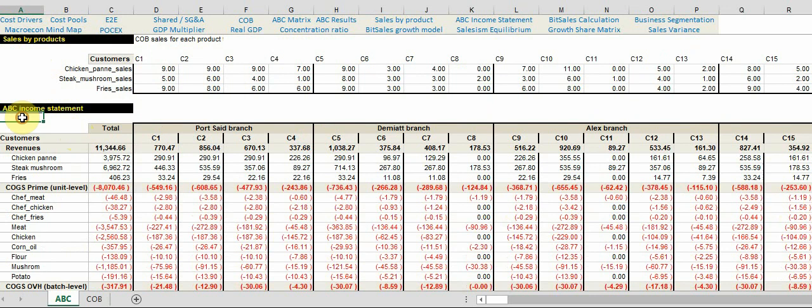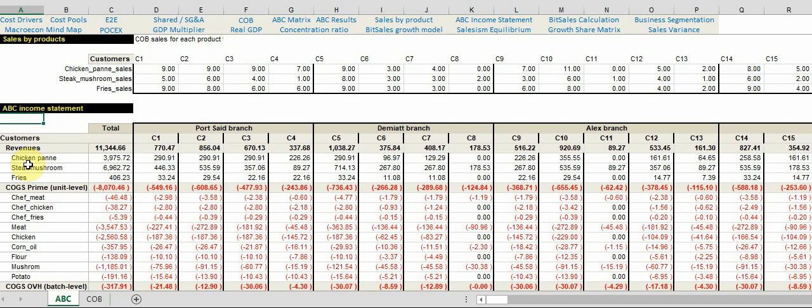Now we are going to the activity-based costing income statement. As per IFRS, International Financial Reporting Standards, the traditional income statement starts with revenue and extracts the cost of goods sold to reach the gross profit. But in the activity-based costing income statement, we also start with revenue and extract the cost of goods sold that is charged to the customer.